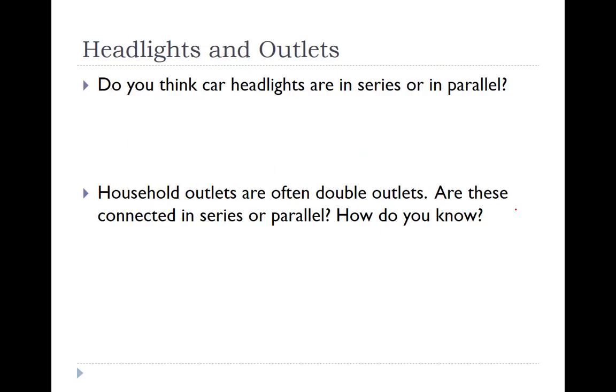So now let's think of some common examples. Car headlights, are they in series or are they in parallel? How do you know? Well, we've all seen cars driving down the road where one headlight is on and the other headlight is off.